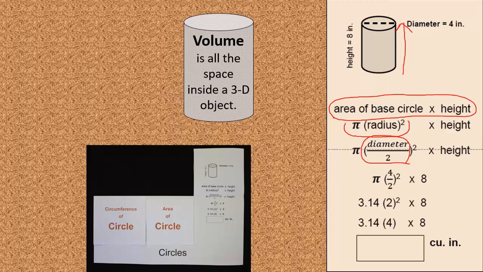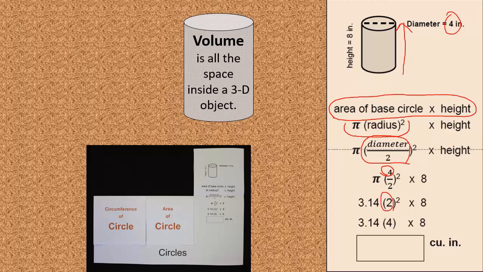Pi times diameter divided by 2 squared times height. The diameter is 4 inches, so we put the 4 in for the diameter and divide it by 2. 4 divided by 2 is 2.